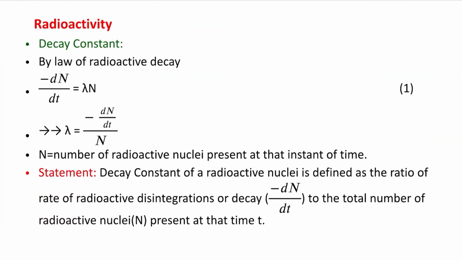This ratio is called the radioactive decay constant lambda.